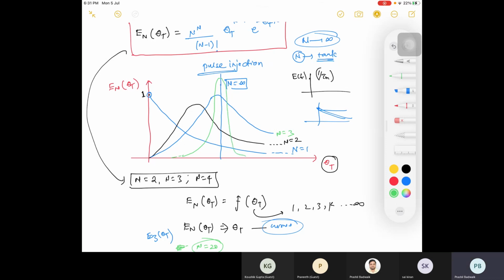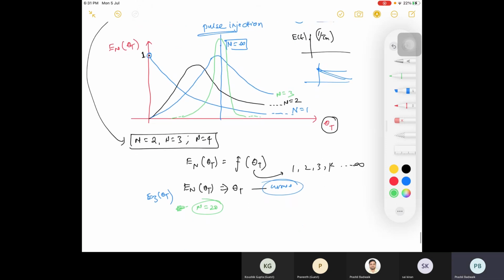As you increase n, what are you observing here from this graph? As n increases, your sigma theta t, or your ET, is getting what? Any observation here?